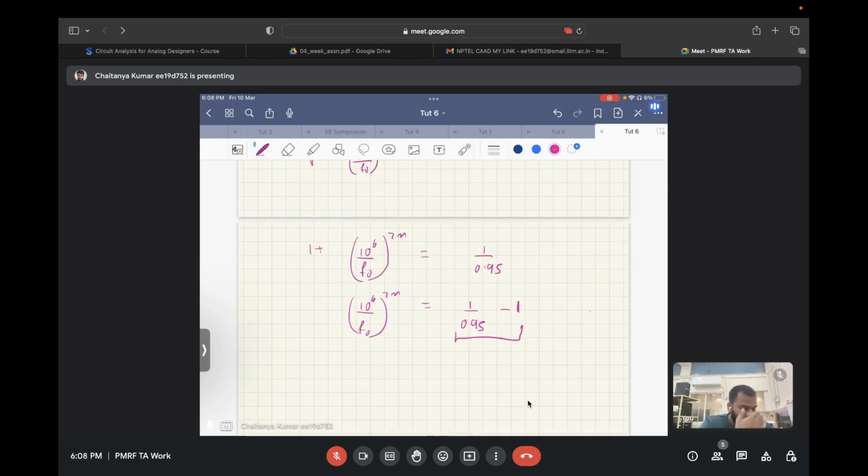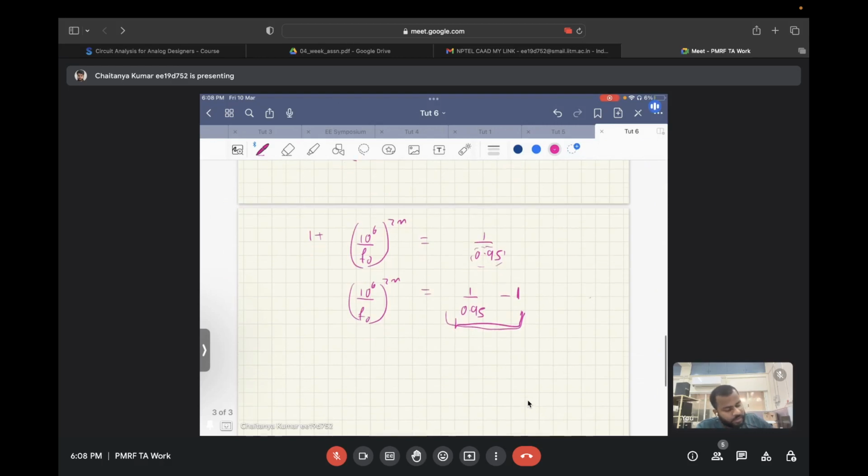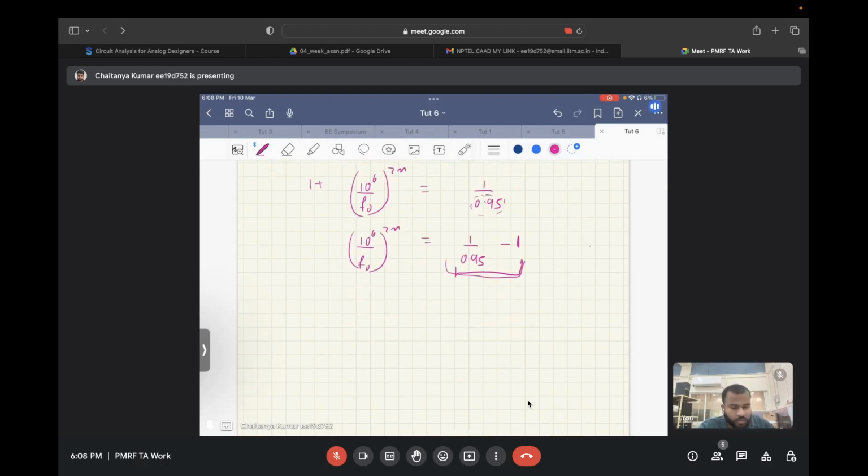So you can be sure that this quantity will always be greater than 1. Why will it be greater than 1? Because at DC the value of the transfer function is maximum, and after that it is just falling. And this is at some random frequency. So definitely this number will always be greater than 0. So you have one constraint here as follows.